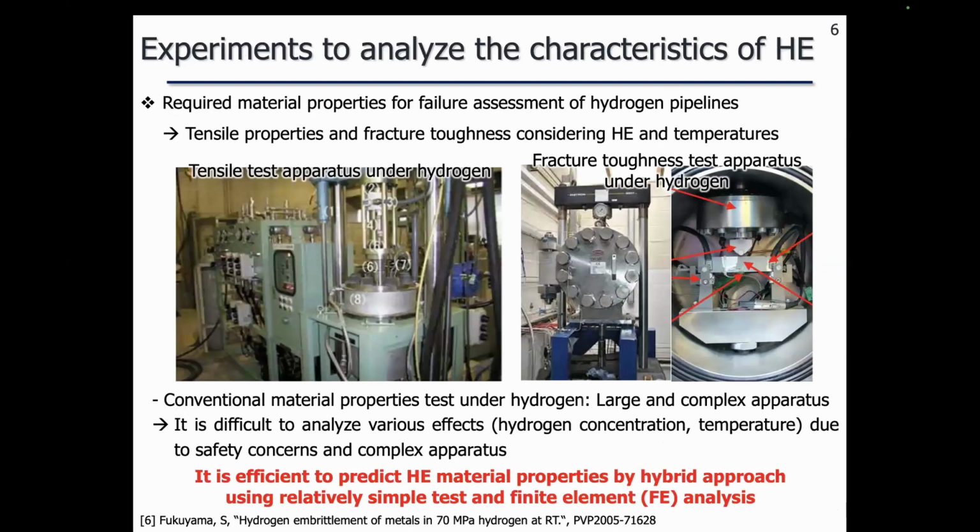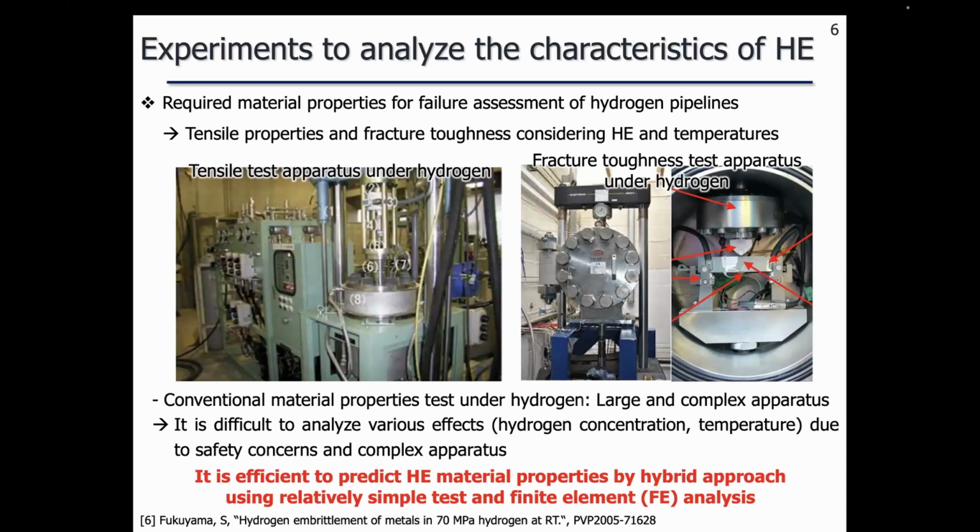As mentioned before, for the failure assessment of the cracked pipe, the tensile properties and the fracture toughness are required. For the investigation of hydrogen embrittled materials, experimental investigation considering the environment of practical applications, such as hydrogen and low temperature, should be conducted.